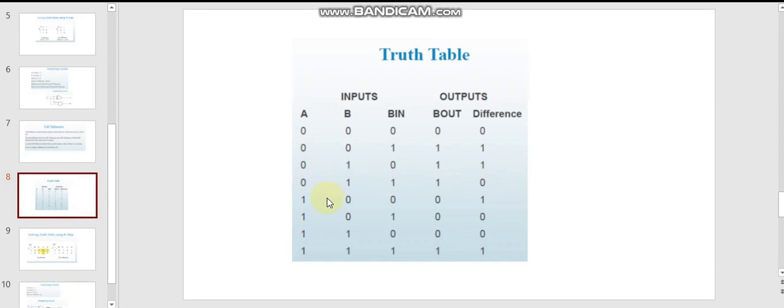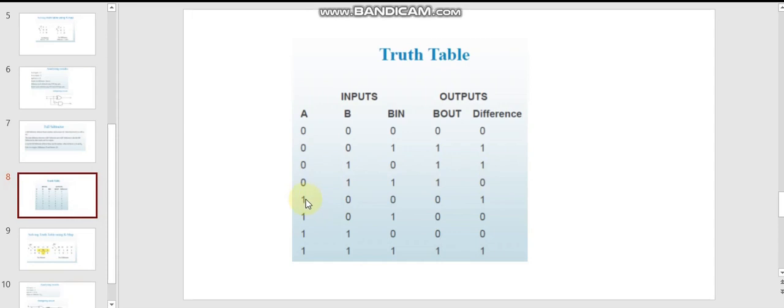In the next situation, when A is equal to 0 and B is equal to 1, there we need to take a borrow equal to 1. In this case the difference would be 1, and finally when I subtract 1 from 1, the difference would be 0.